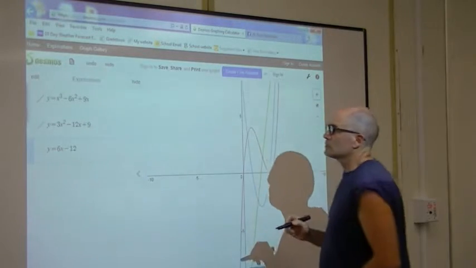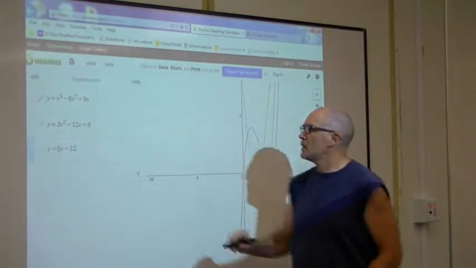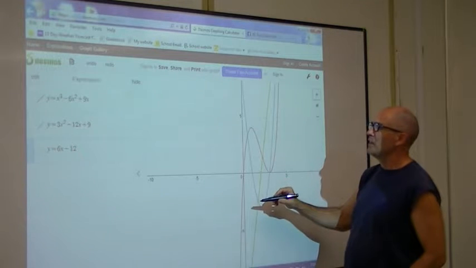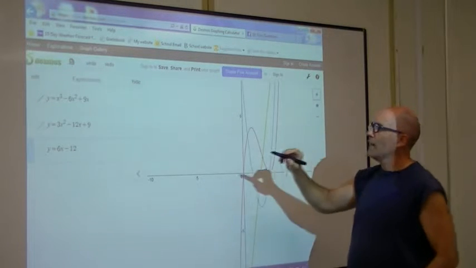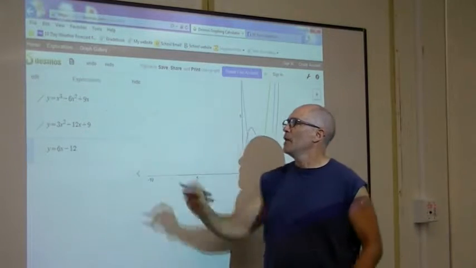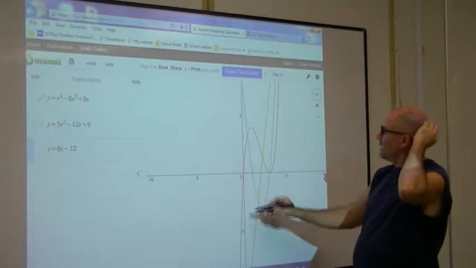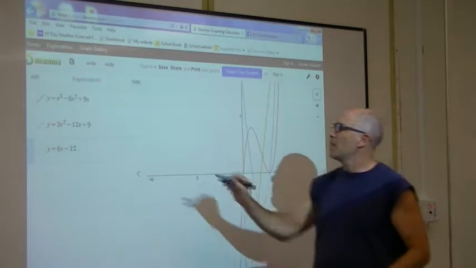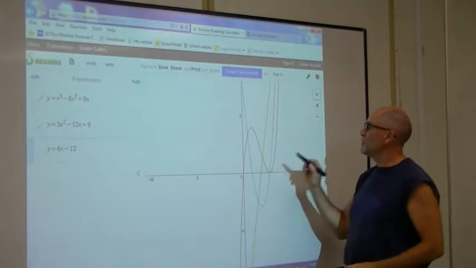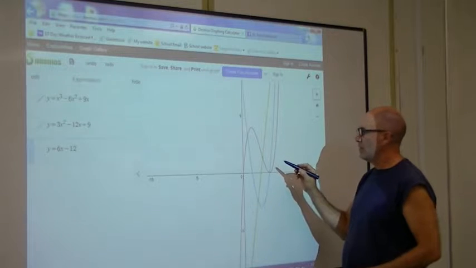Okay, so the red function is my original function, y equals x cubed minus 6x squared plus 9x. It's a cubic, so it's got 2 terms in it. Now the blue is the derivative of the red.